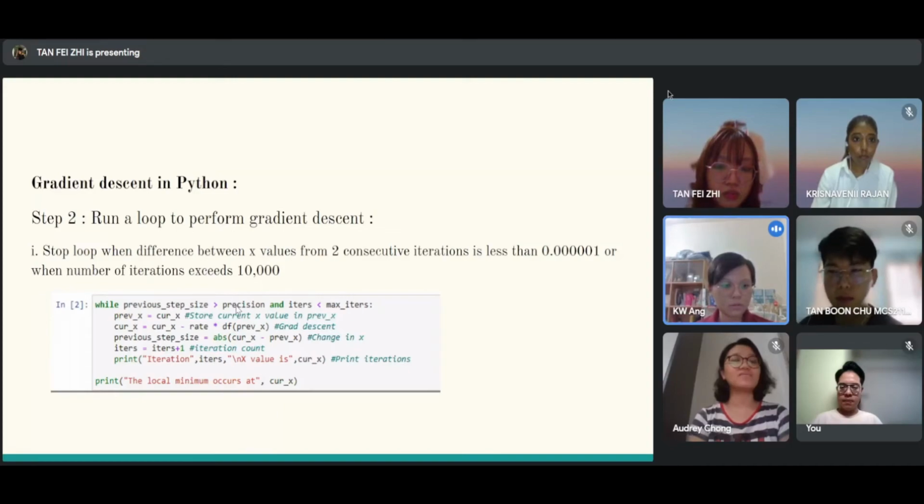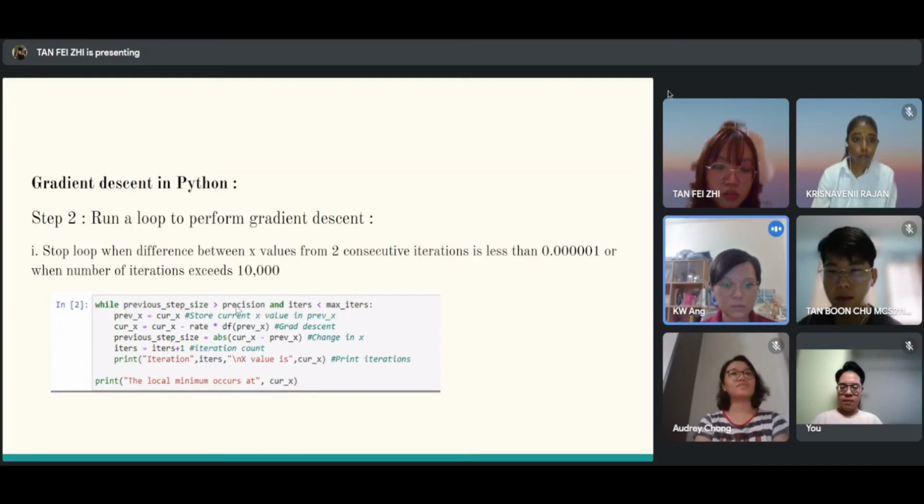So the while loop is used, and the condition mentioned previously is set as the condition for this while loop. Then it will store the current x value in the previous x value, and the current x value will equal the current x value minus the learning rate times the gradient of the previous x value.